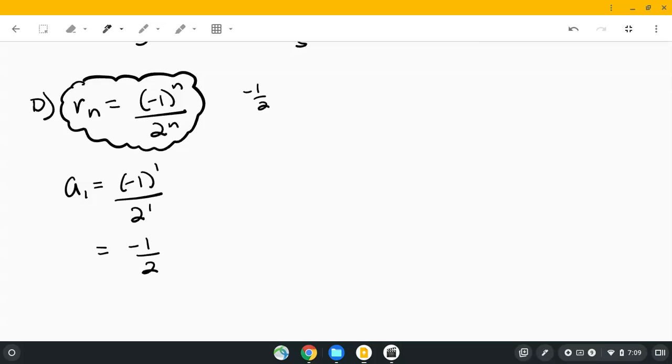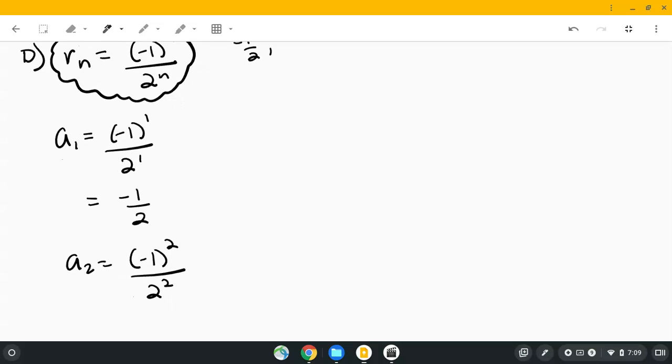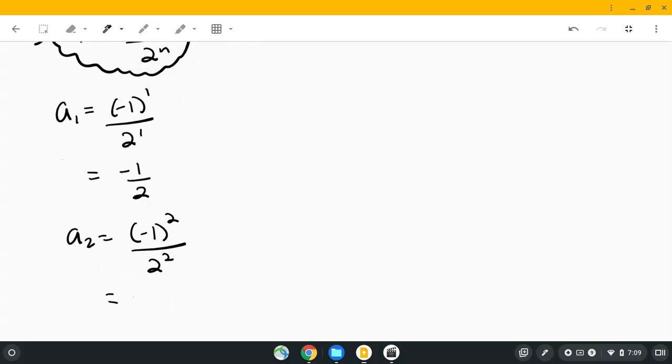So far, we get negative 1/2. If I want to find my second term, I plug in 2, and I get 2 squared. And so then I end up with negative 1 squared is positive, and 2 squared is 4.